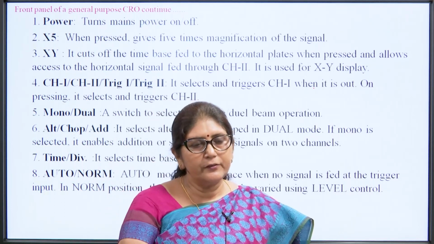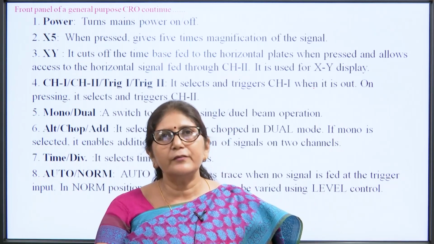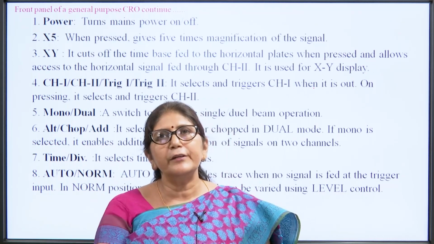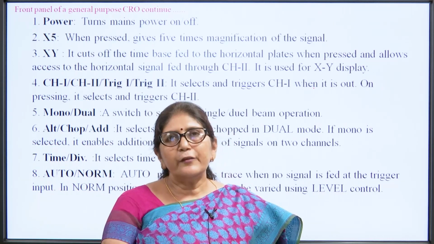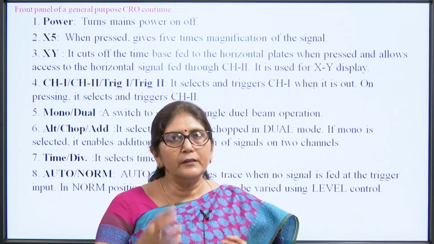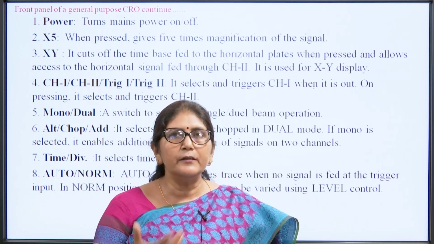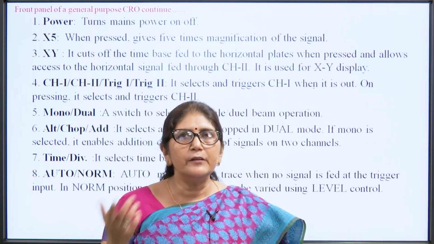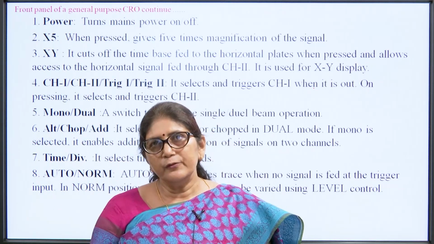These are the descriptions of the different controls. The first is power, then X5, which when pressed gives 5 times magnification of the signal. XY, as I have already told, cuts off the time base internal trigger pulse and allows access to the horizontal signal from channel 2.